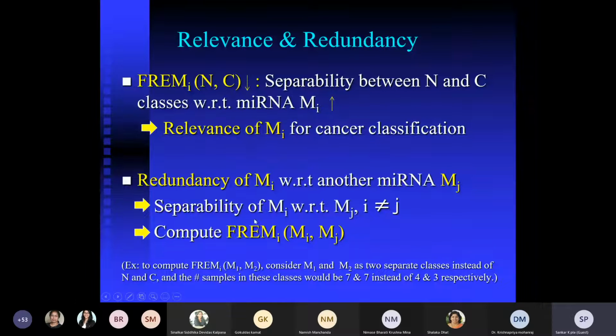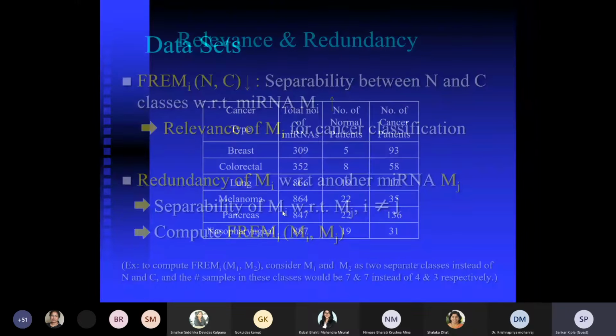That means to compute the fuzzy graph entropy corresponding to Mi, that is the redundancy with respect to another microRNA, we consider Mi and Mj as two separate classes instead of normal and cancer. And here the number of samples of the classes will be the same number of patients instead of cancer and normal. So I compute this, and the more the separability, the more it is redundant. So I'll now look at this data set.